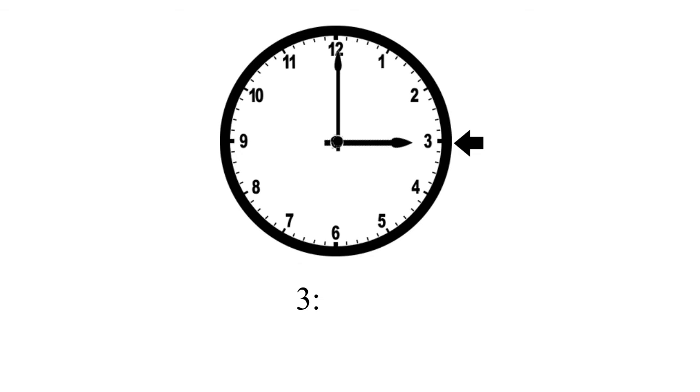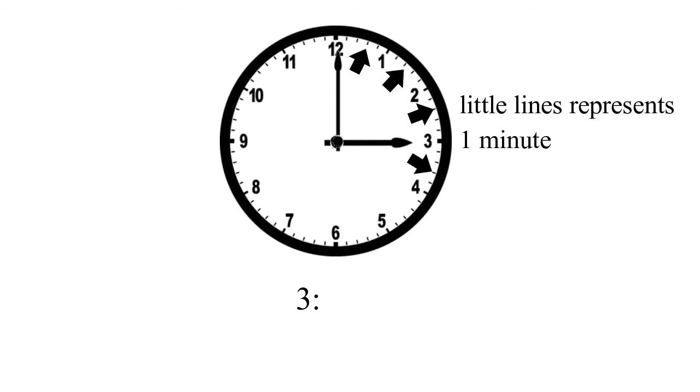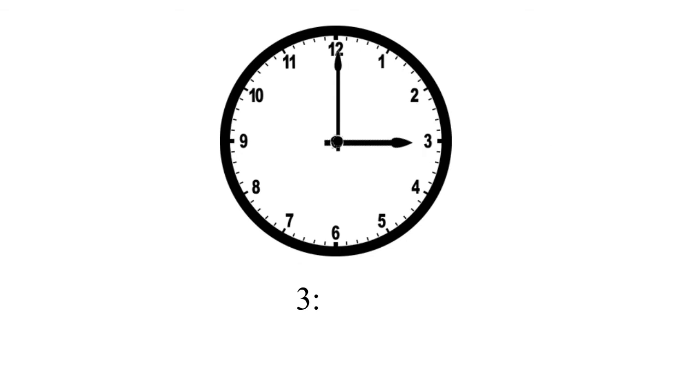The minute hand is a long hand, but how do we read the minutes? All of those little lines in between the numbers on the face of the clock represent 1 minute. To find out the minutes, we just have to count by 5 around the clock. Starting at the 12 is a starting line.